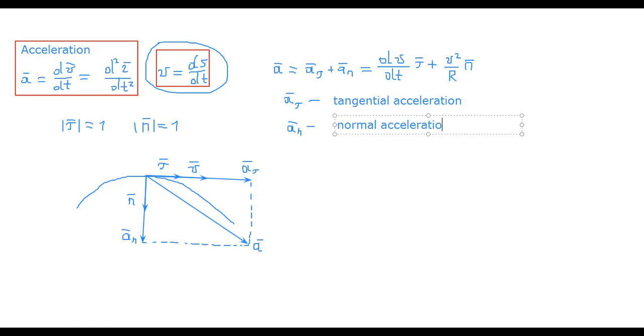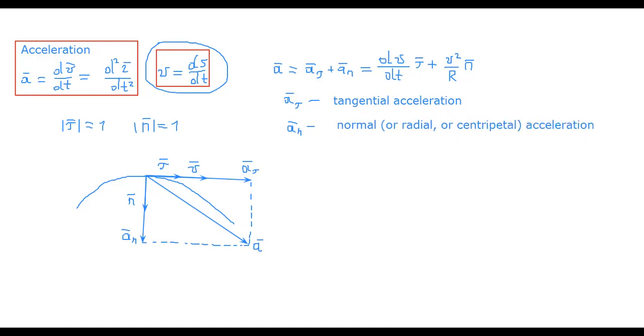Normal. What I can write, print like this: normal or radial, comma, or how to print this, centripetal acceleration.